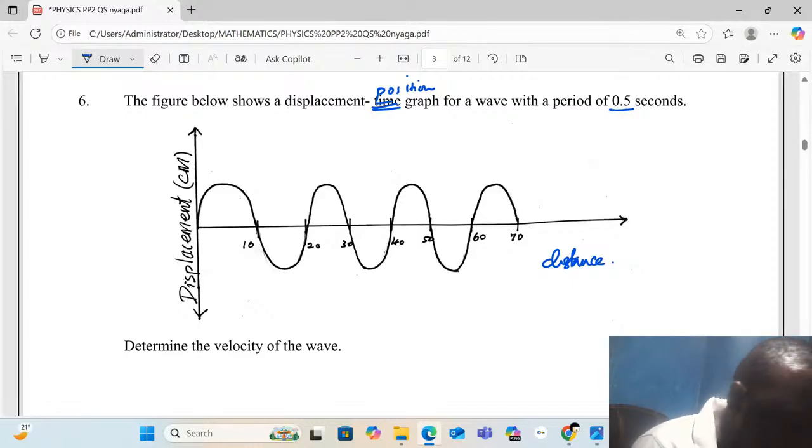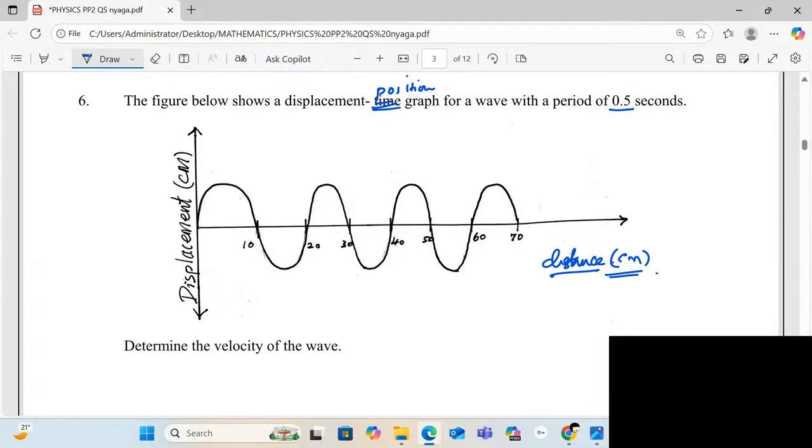On the lower side, which is the x-axis, we are having distance. And this distance, we are supposed to give in terms of centimeters, like that. So now, you are told to determine the velocity of the wave.